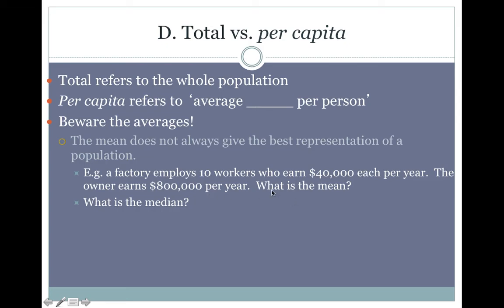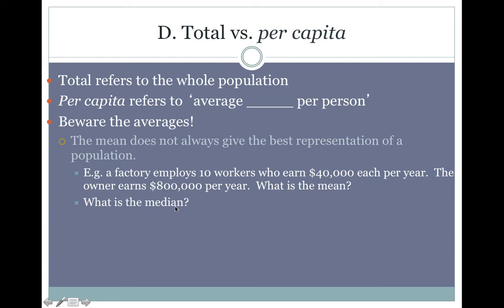What does the mean say? Well, if you calculate that out, you're going to find that the average income per person at that factory is not actually a very useful statistic, because you've got one person making a lot of money, and that one person pulls up the value for everybody else, but it's not really realistic.